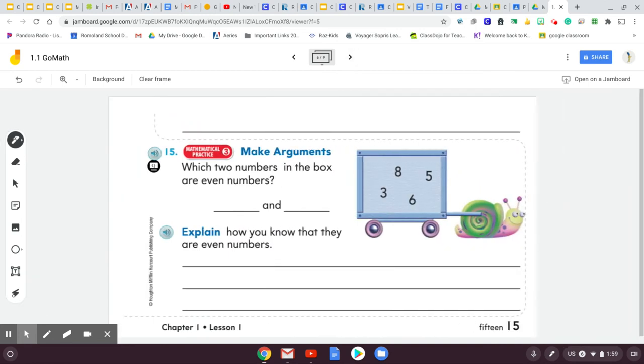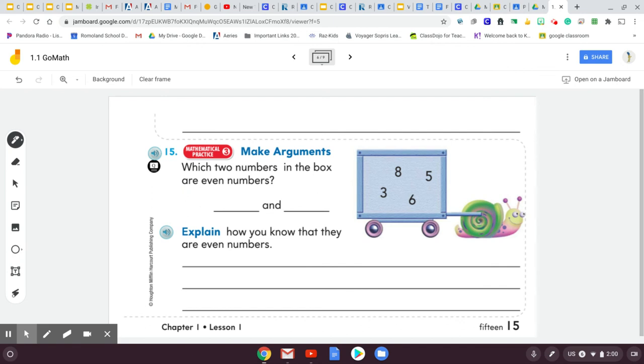Okay, I'm moving on to the bottom of page 15. Make arguments. Okay, so which two numbers in the box are even numbers? So we're looking for even numbers.